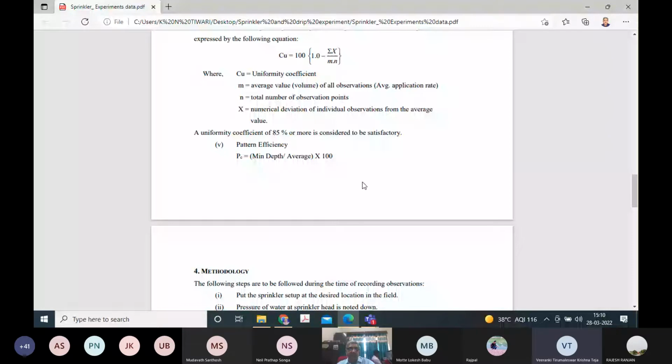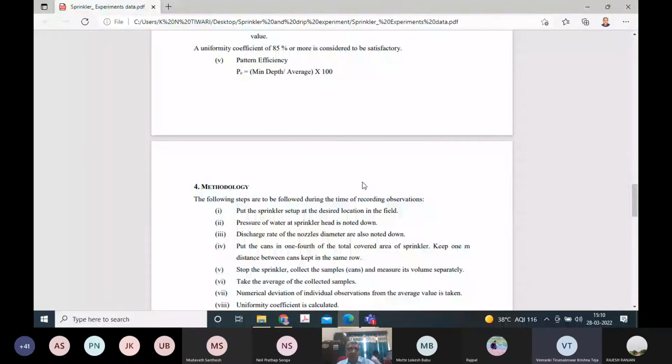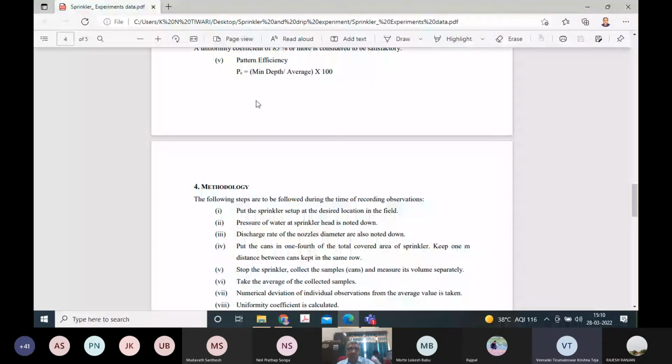sprinkler. So in these observations we are collecting the pressure of water, the discharge from the small nozzle, and the discharge from the large nozzle, and then you are collecting data by putting cans in a circle along these radii.